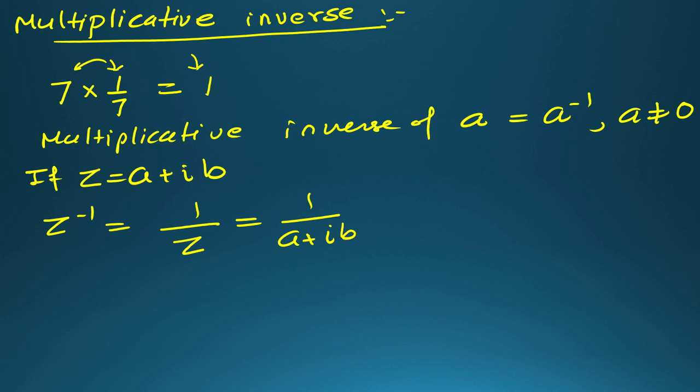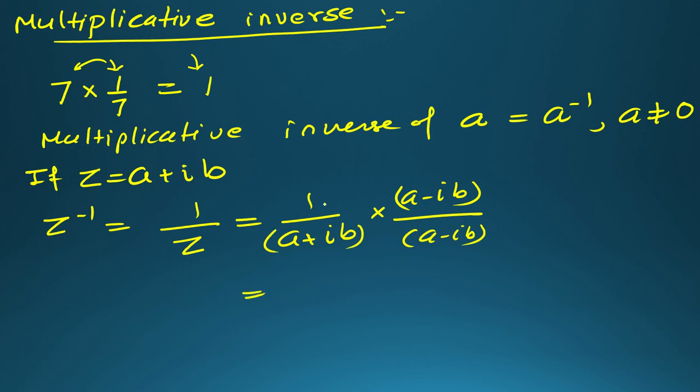Now, as I have told you just now, in a complex number we don't want to see i in the denominator. If you are getting i, you will try to remove it. How will you remove it? By multiplying numerator and denominator by the conjugate of the denominator. So what will you get here?